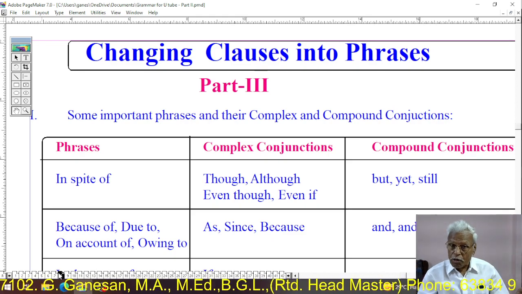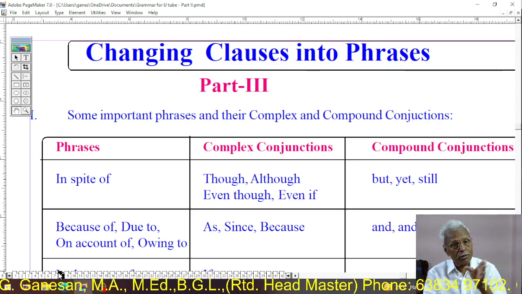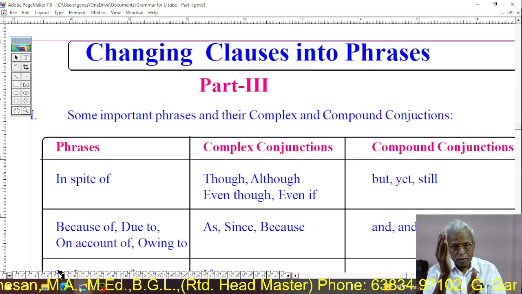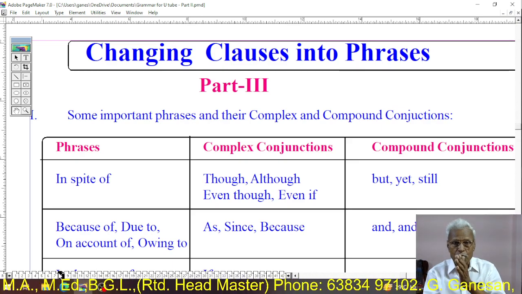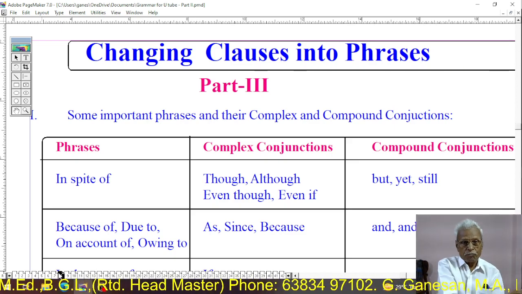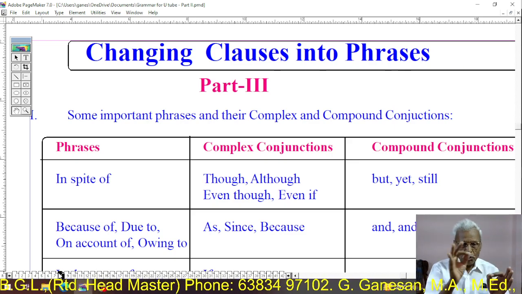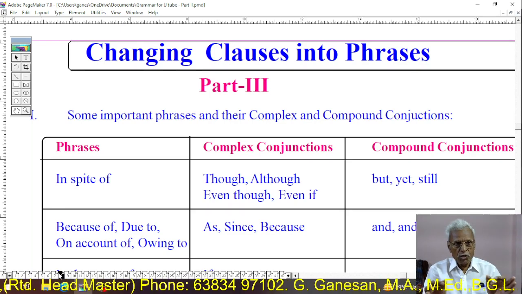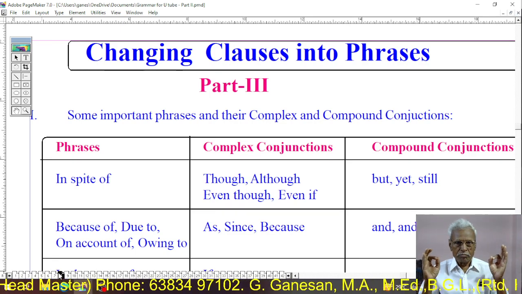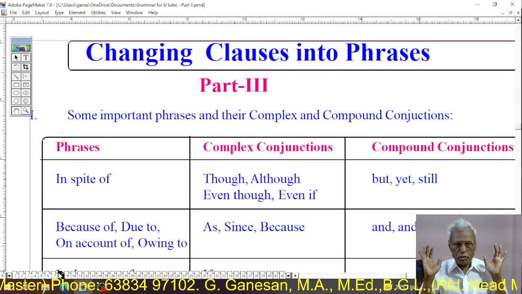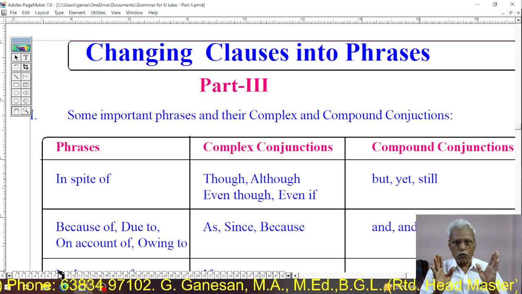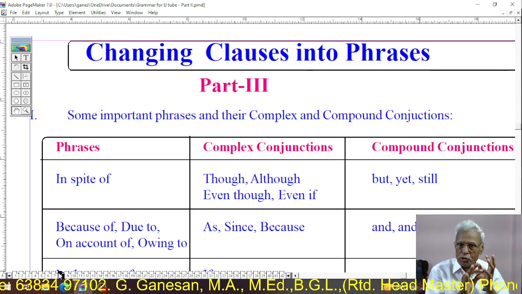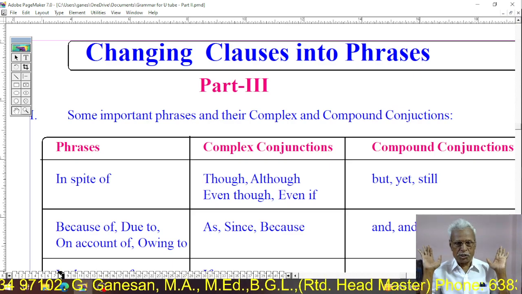Without knowing these conjunctions, we cannot convert either a complex sentence or a compound sentence into a phrase. So this table is very, very important. For all the phrases, we should know their complex and compound conjunctions.